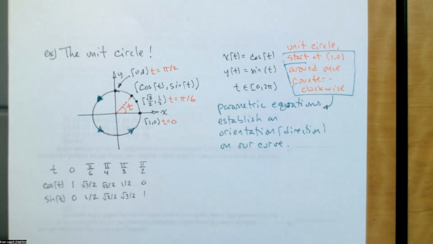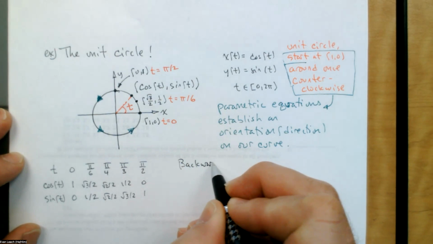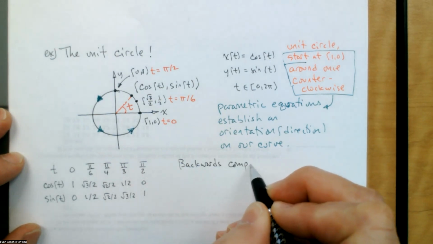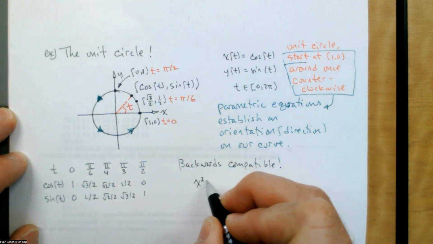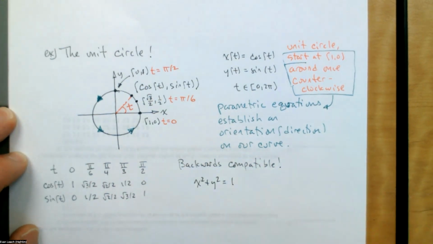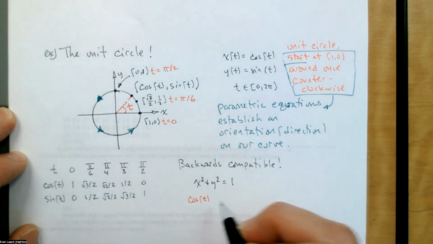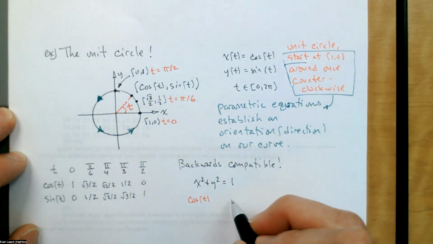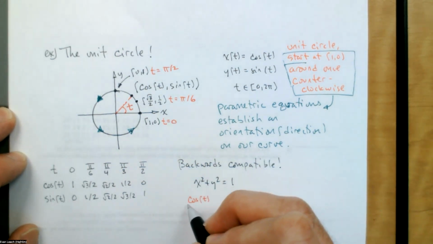One thing to note is that this is not incompatible with stuff that we already know. We know the equation for a unit circle. The equation for a unit circle is x squared plus y squared is equal to 1 squared. And if x is cosine of t, and y is sine of t, then this is still true.